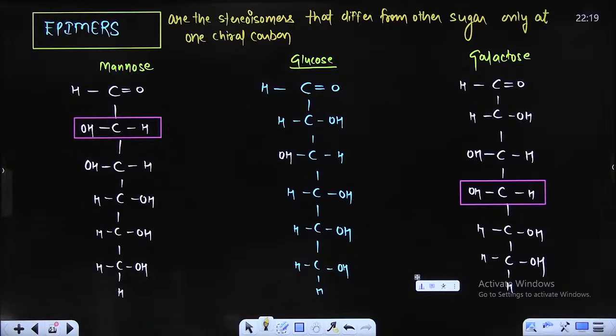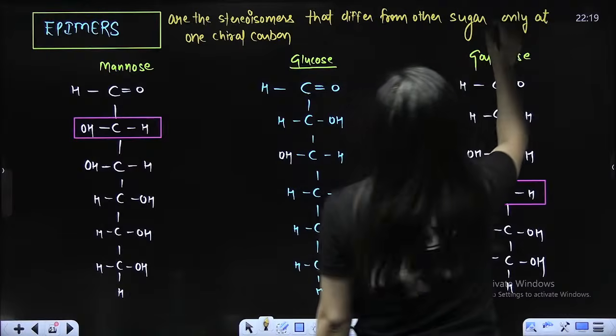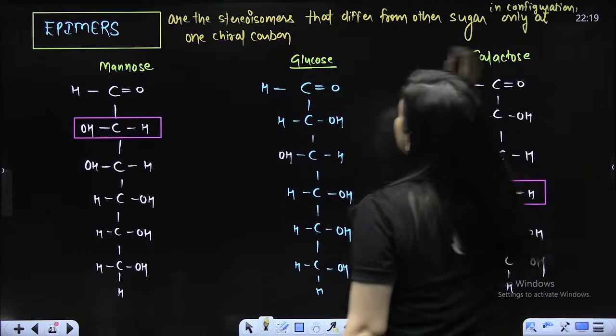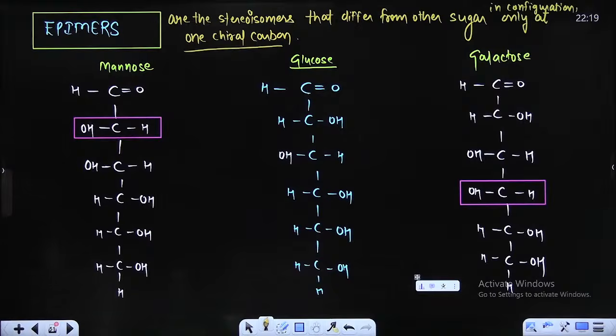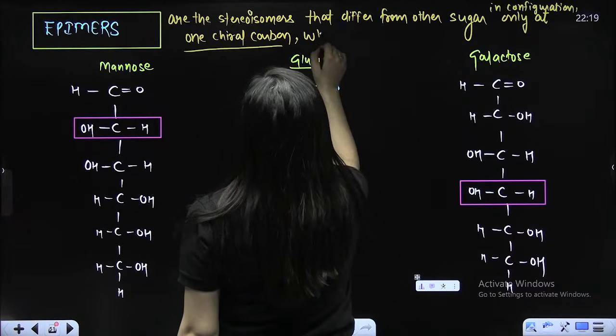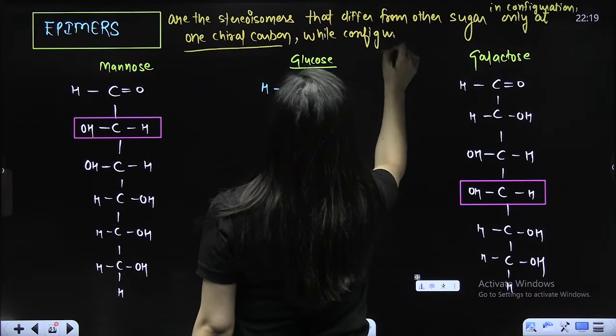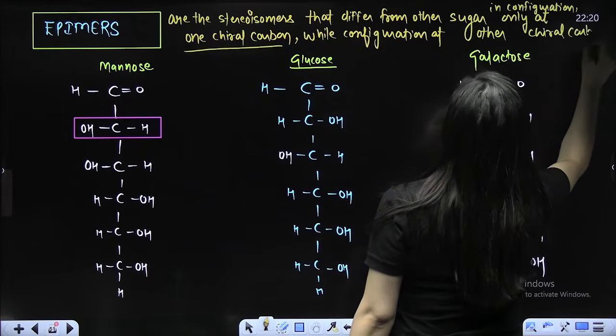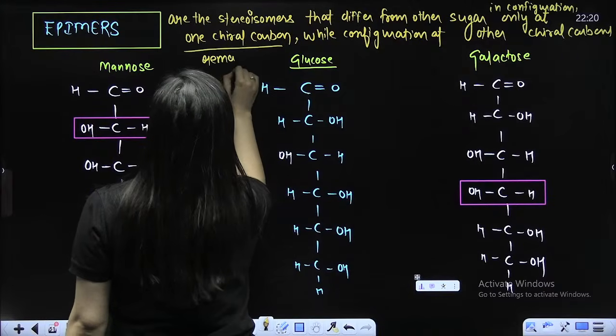So they differ from the other sugar in configuration, meaning the OH and H position is changed, only at one chiral carbon. Look at the glucose structure and the galactose structure. There will be a difference in configuration only at one chiral carbon, while the configuration at other chiral carbons remains the same. Okay, so that is what you need to know here.